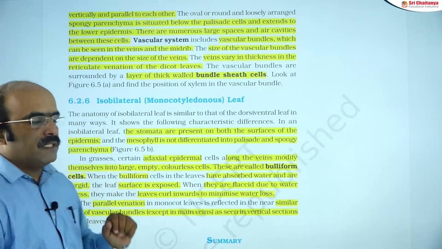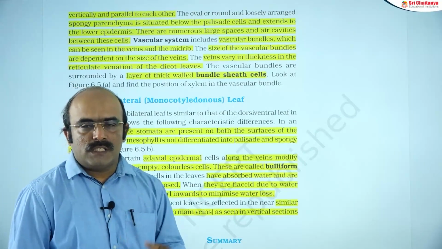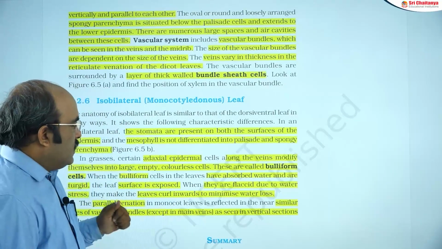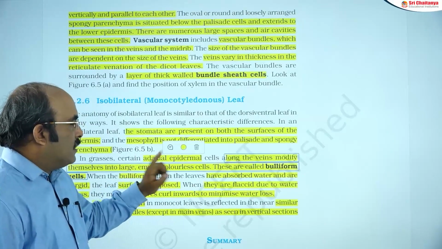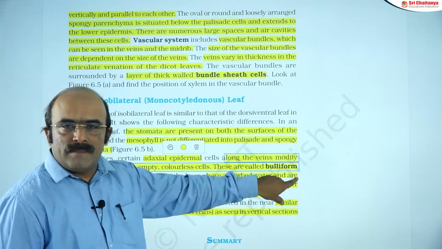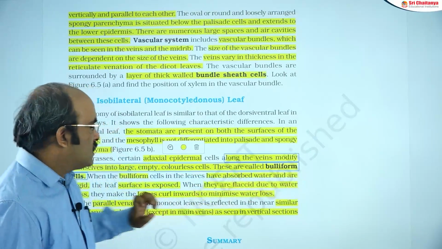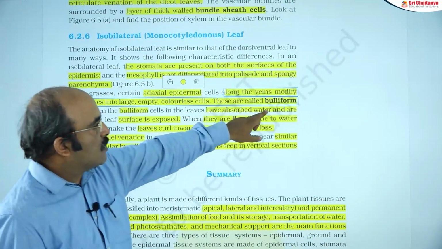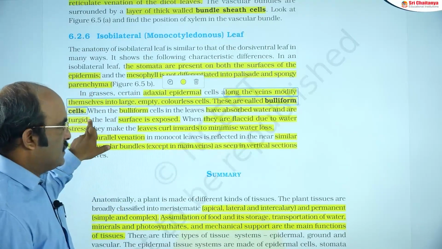And you could also observe a special point which is not observed in the case of the dicotyledonous leaf. That is, on the adaxial epidermis, you could find along the veins special cells called bulliform cells.